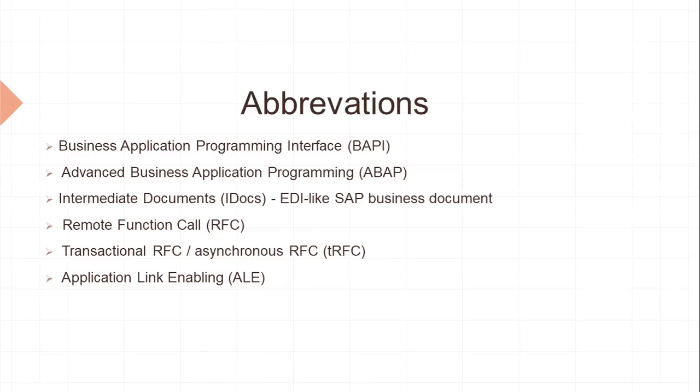BAPI is nothing but Business Application Programming Interface, which is the term used in SAP to perform the business operations on the SAP side, and that is written using the ABAP language. We can ignore that, but I just wanted to tell you how BAPIs are written.